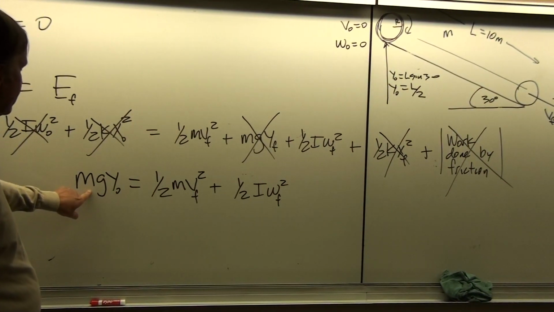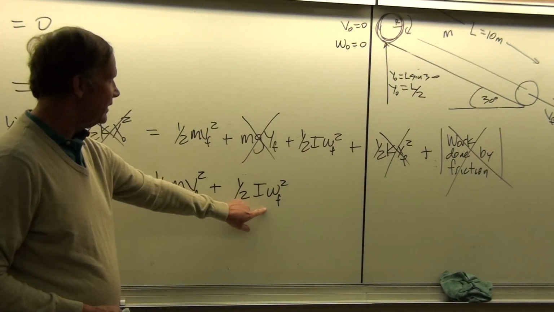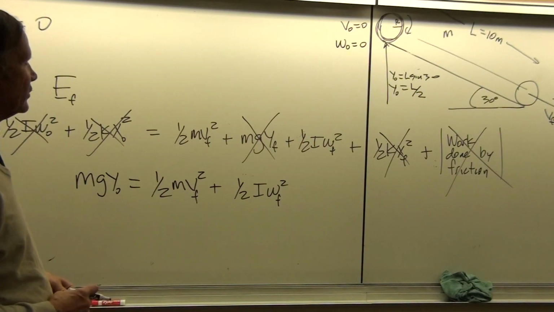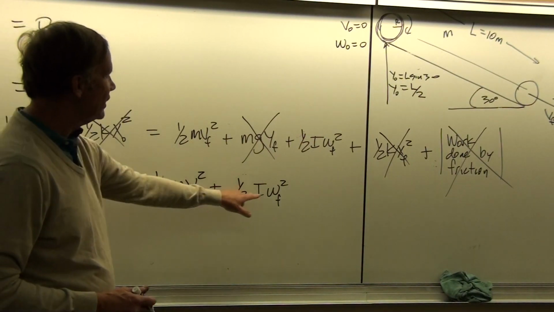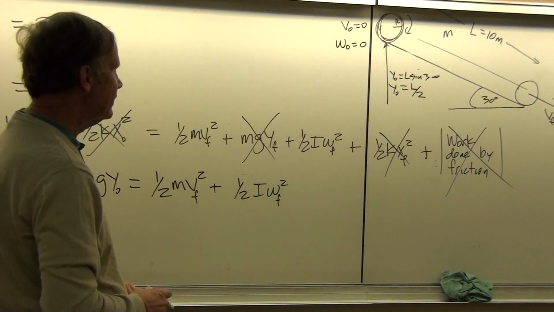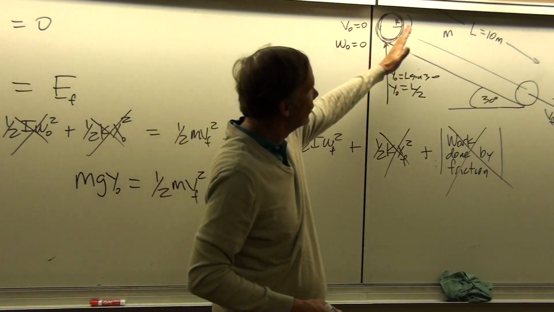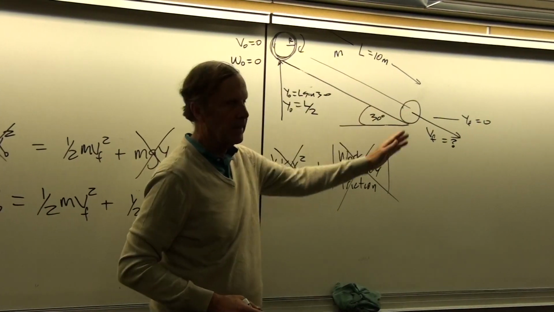Okay, so our potential energy then no longer just turns into center of mass kinetic energy, but there's also a certain proportion of that energy which is invested in the rotation to get this thing spinning faster. And so that's different from the kind of problem we did before where the mass was just sliding down the inclined plane.